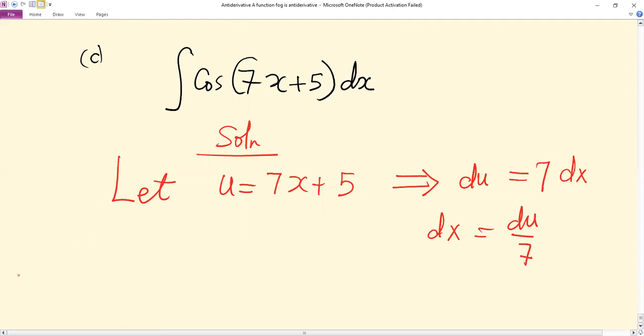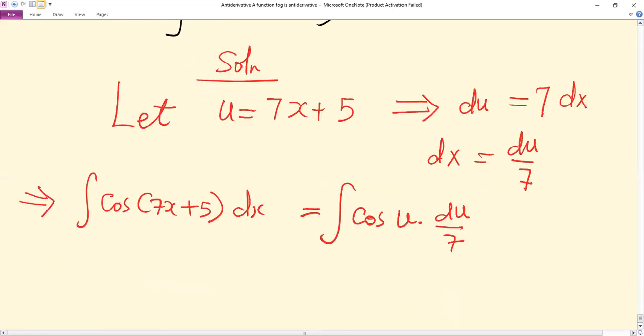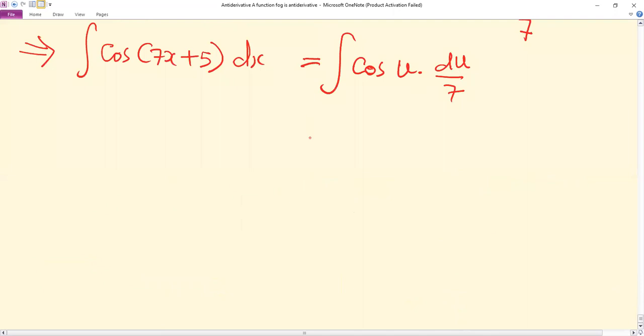So therefore, the integral of cosine of 7x plus 5 dx will be, because we have fixed this to be u, dx will be replaced by du over 7. And the scalar 1 over 7, you factor it out.